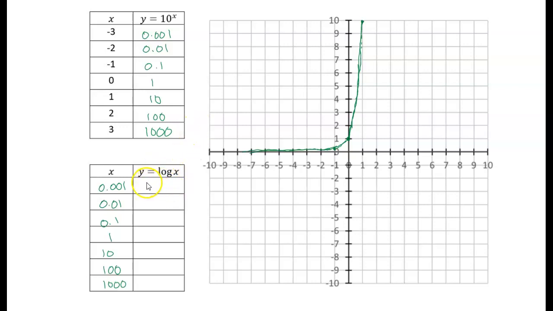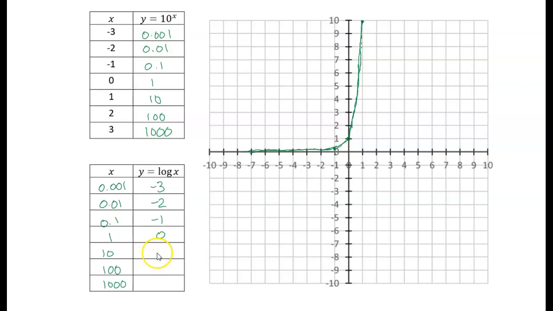And so you can see if we take the log of 1/1000th, that's just -3. 1/100th is -2. 1/10th would be -1. The log of 1 is 0, right? Because 10 to the 0 is 1.